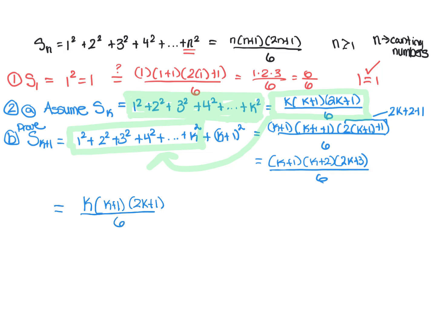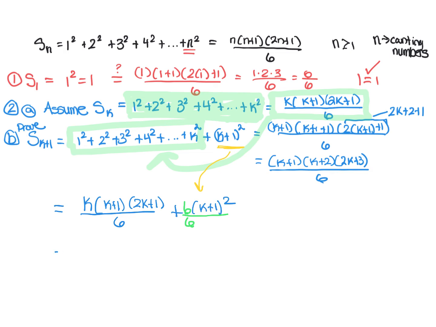Now be very careful right here. I'll choose yellow. I still have to add this guy down here, plus k plus 1 squared. First things first, if I want to add these fractions, I'm going to turn my second piece into a fraction by multiplying by 6 over 6, which is the same thing as multiplying by 1, so no big deal.